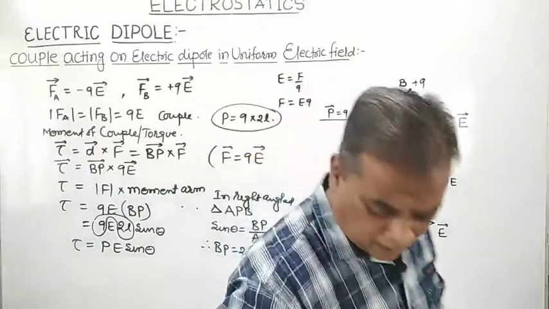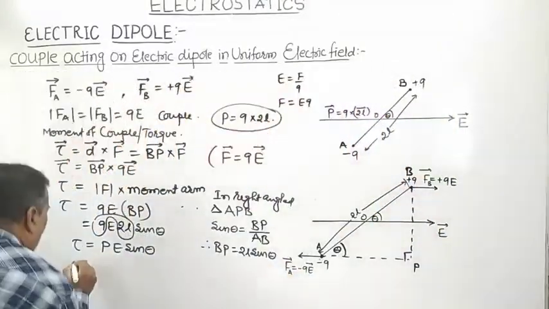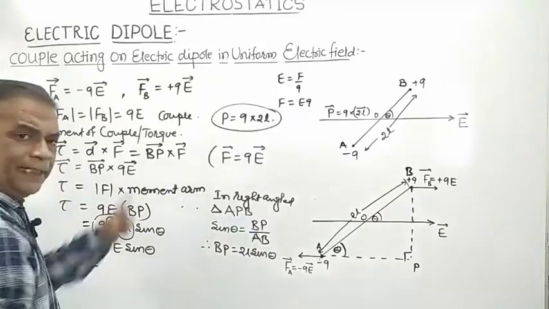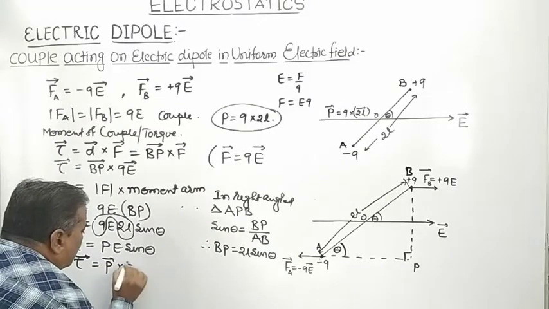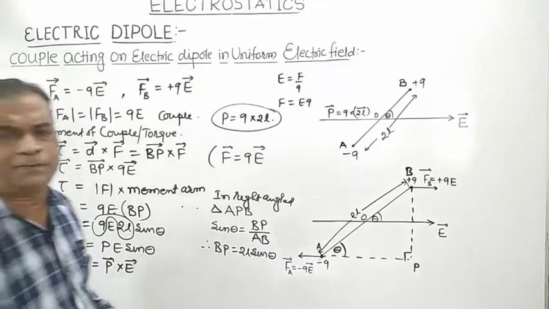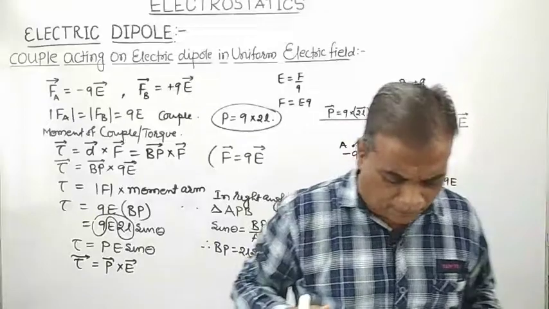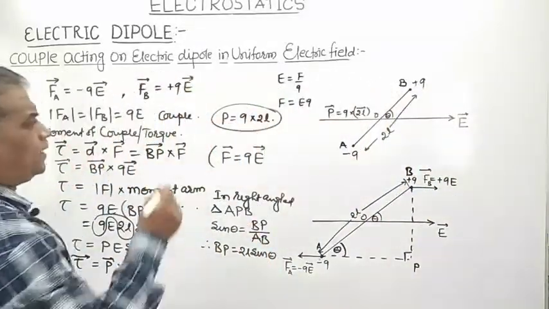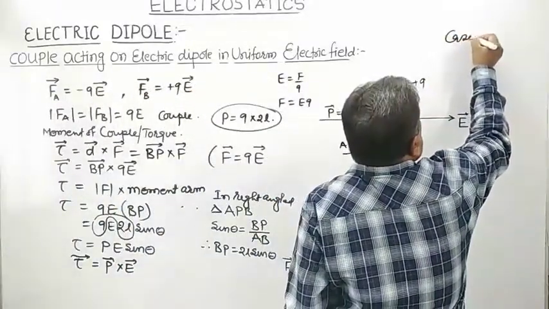You can have the relationship in terms of vectors also. So the vector torque acting on an electric dipole can be written as vector P cross vector E, because P cross E is nothing but PE sine theta. Now as torque equals PE sine theta, we will have two separate cases.